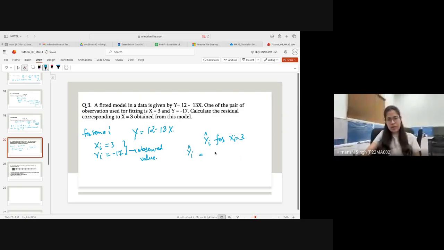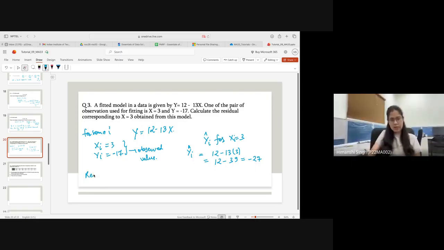So yi hat will be 12 minus 13 into 3, taking x to be 3. So that is 12 minus 39, which is minus 27. Now I know the yi, I know the yi hat.